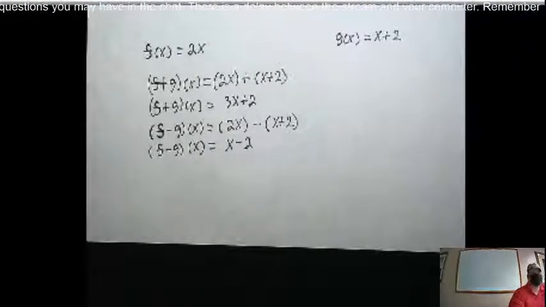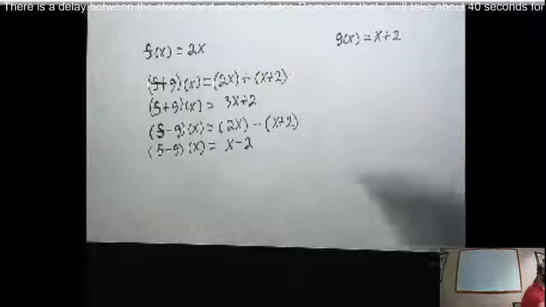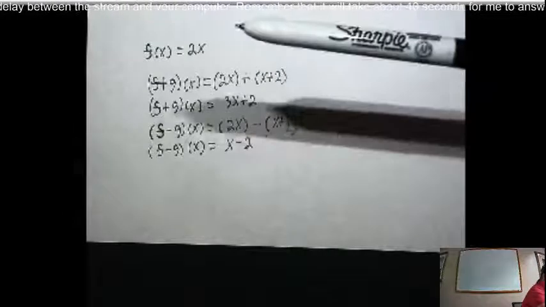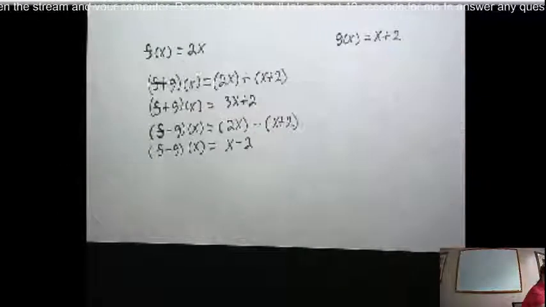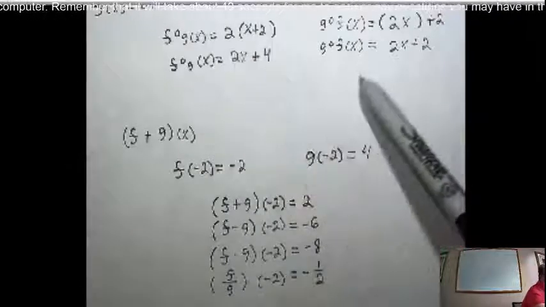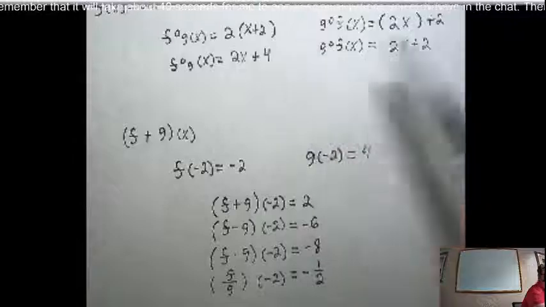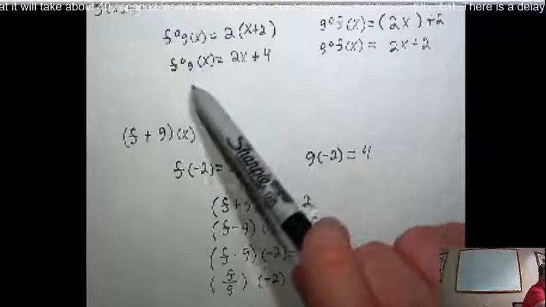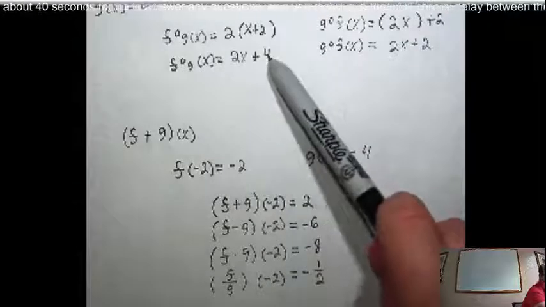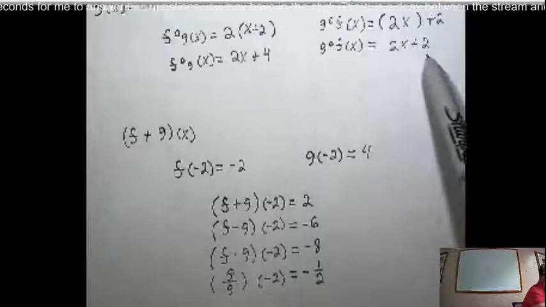Okay. So here's a sort of a bonus question that you might see on a quiz. Hint, hint. f plus g. We know that if we compose functions of each other, they usually are not the same outcome. So like f composed of g, it comes out to be this. g composed of f comes out to be this.